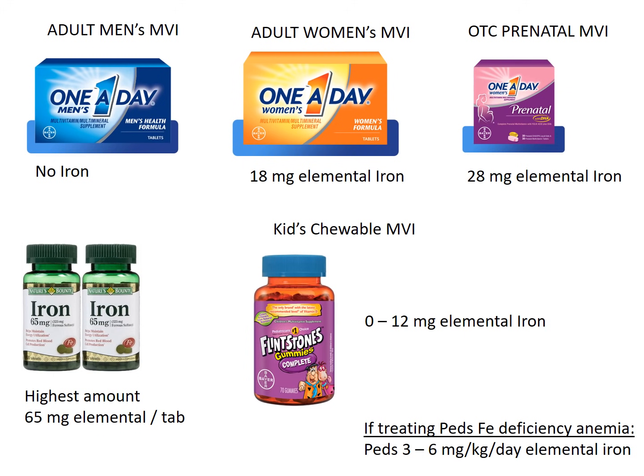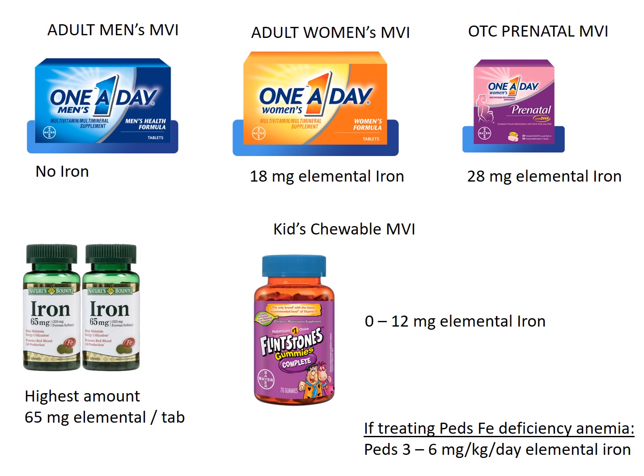Now, if the child has developed iron deficiency anemia, 1 multivitamin with iron in it per day is not going to be enough. Those kids typically need to be treated with much higher amounts of iron, and now the pediatrician, the family practitioner, is aiming for as much as 3 to 6 milligrams per kilo per day of elemental iron.